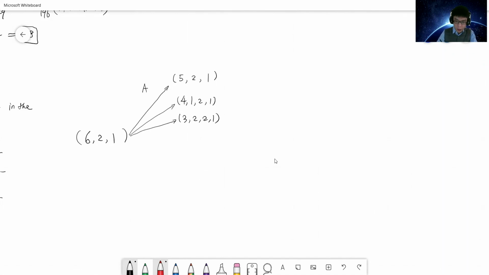And if Arjun removed 2 bricks from the piece of 6 bricks, he can get 4-1, 3-1-2-1, and also 2-2-2-1.